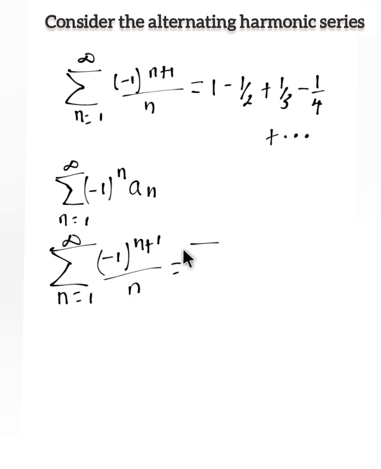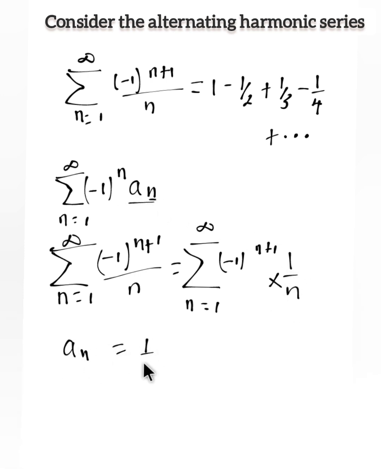And this is equal to the summation from n equals 1 to infinity of minus 1 raised to the power n plus 1 times 1 over n. Now this expression here is quite similar to this one. Then an will be equal to 1 over n. So an, the sequence, is equal to 1 over n.